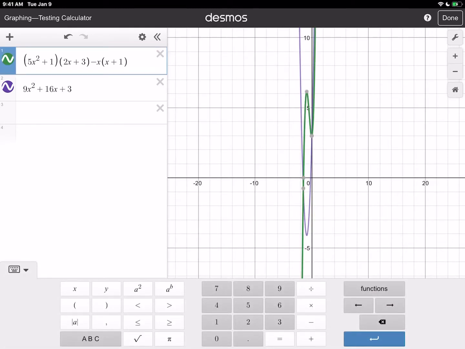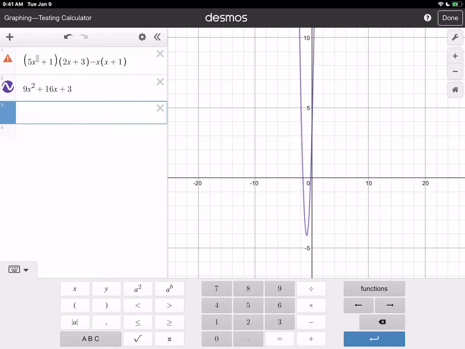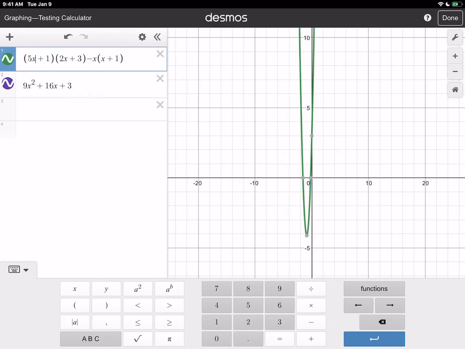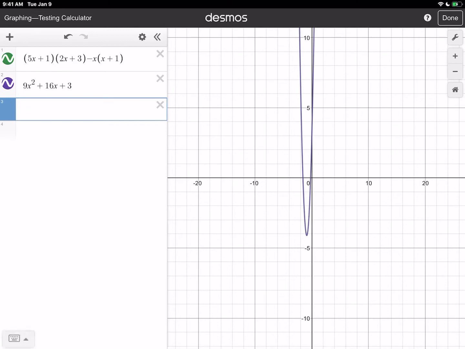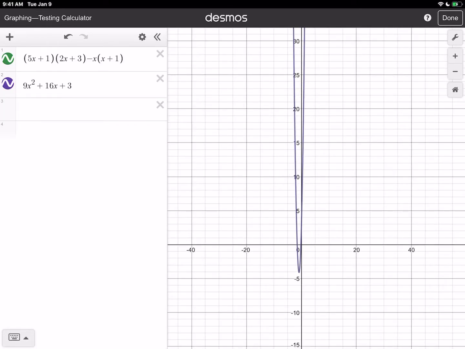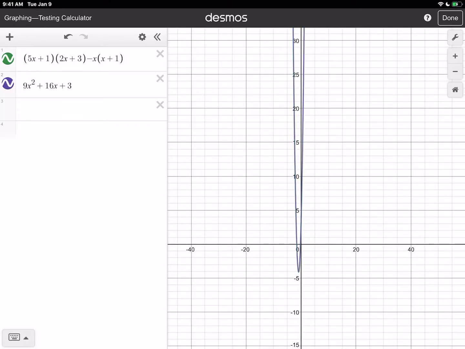And it looks like I made an error typing this in, so I'm going to remove my x squared. And now I'm going to verify that my graphs are exactly the same. So I'm going to turn off the purple one, and it lays exactly over the green one. So I know that my answer is correct.